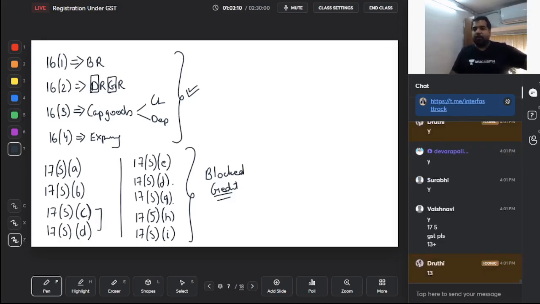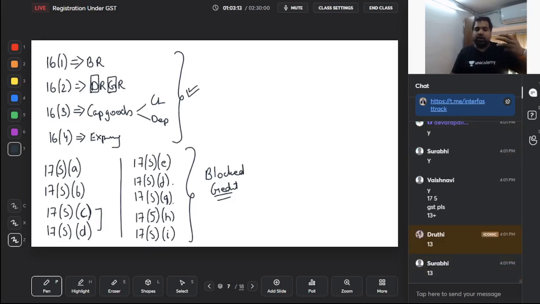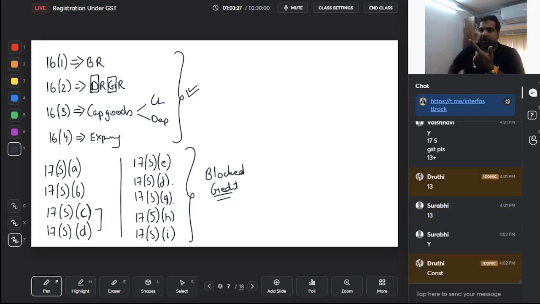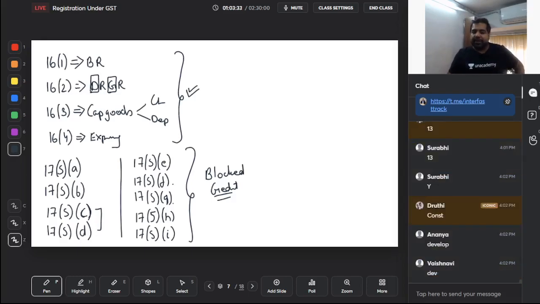Guys, what is B? Beauty, beverage, insurance, clubhouse and holidays. Will that be blocked? Yes, unless it's statutorily required or in the same line of business. 17(5)(c) is construction. That is also blocked for immovable property, except plant and machinery, same line of business, P&L. D is the same, but D is develop yourself. E is easy scheme. Who is in the easy scheme? Composition scheme.